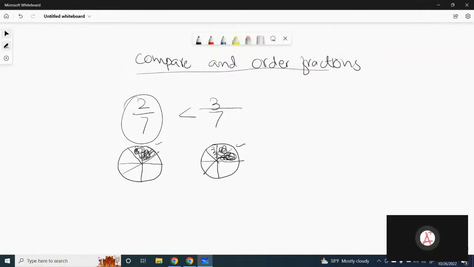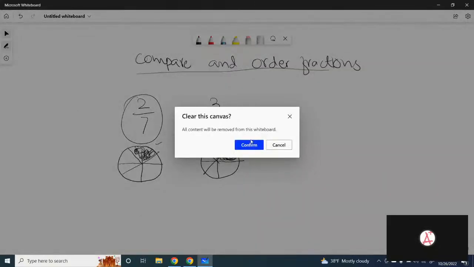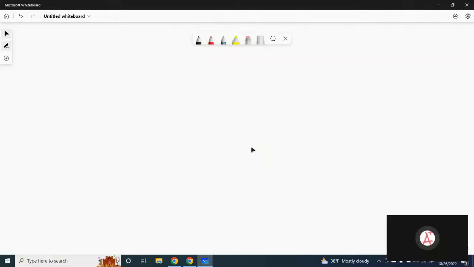Okay, the next one is which fraction is less? 2 by 11 or 2 by 5. So you need to see which one is smaller.